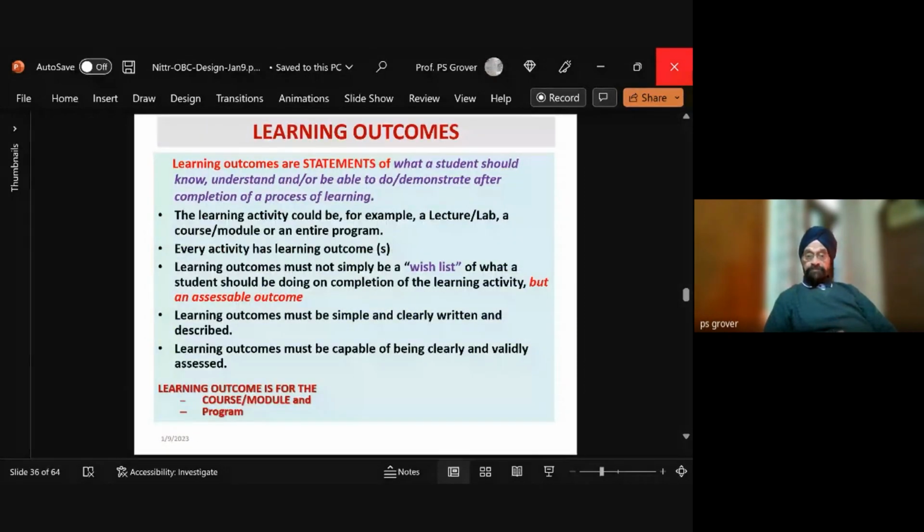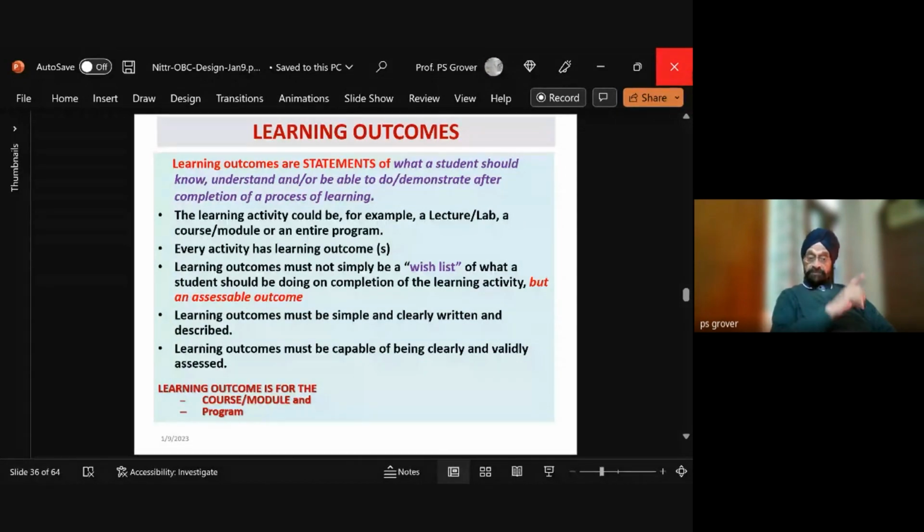Then learning outcomes are what a student should know and understand. The learning activity should be, for example, lecture, lab. There is a learning outcome of a lab, a learning outcome of a lecture, a learning outcome of a module, a set of lectures. So every activity has a learning outcome. This is very important to appreciate.